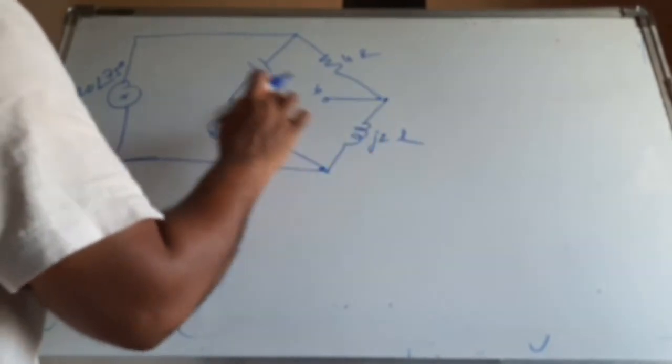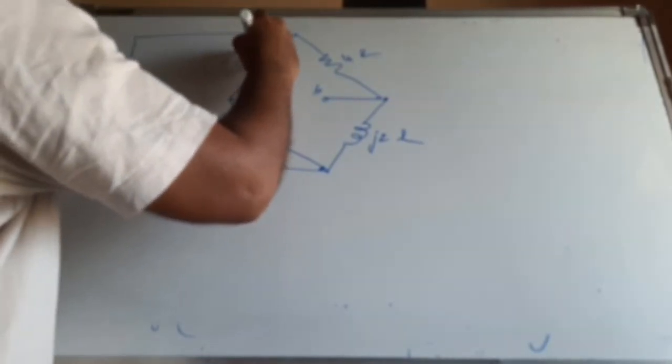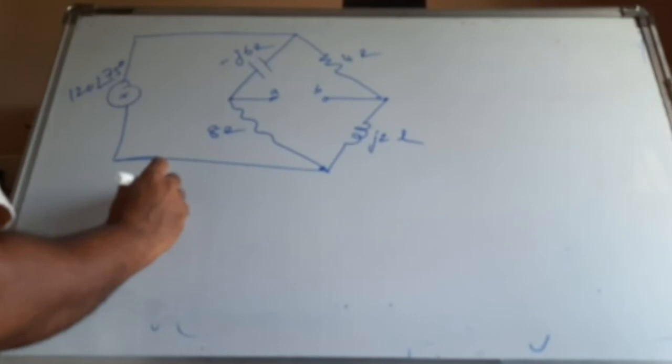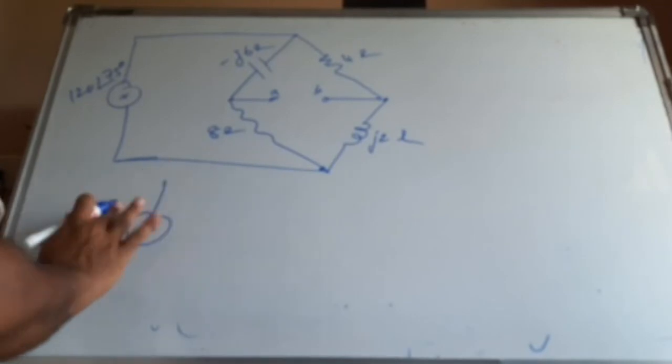That is, the reactance is given. Here it is minus 8. So according to Thevenin's principle, we have to find Vth and Zth.